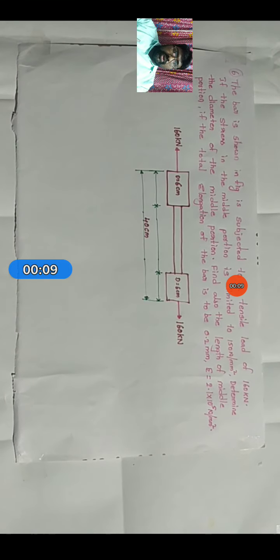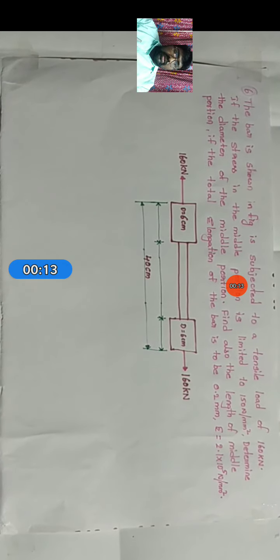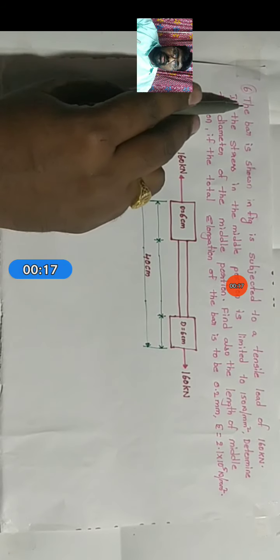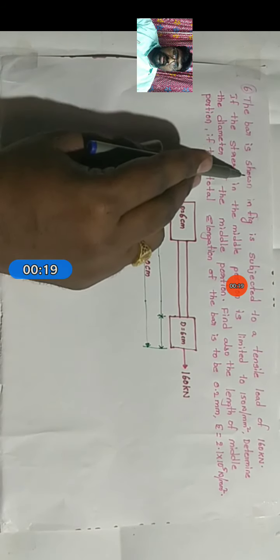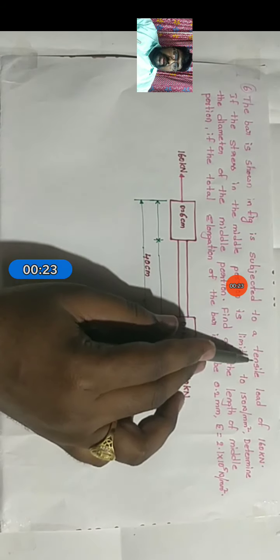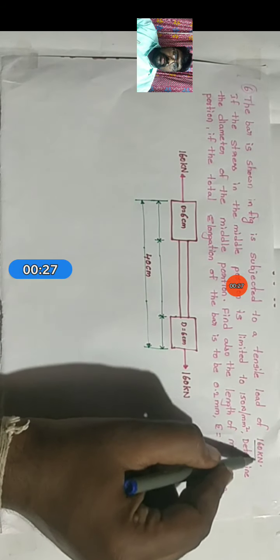Today I am going to explain when a bar is subjected to axial load, the bar is of varying cross section. Here the bar shown in the figure is subject to a tensile load of 160 kilonewtons.